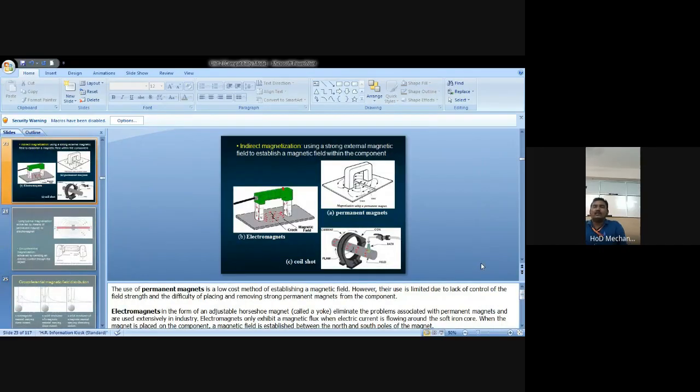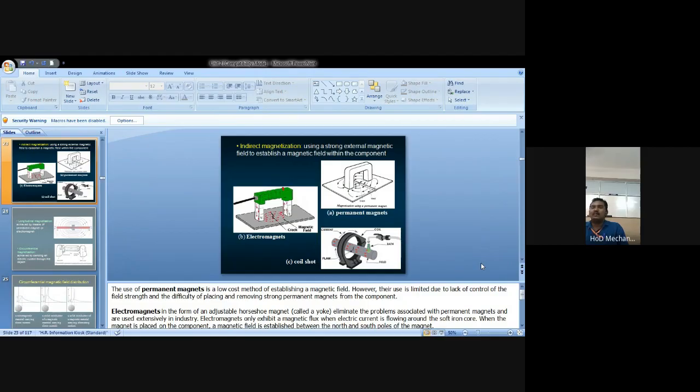The use of a permanent magnet is a low cost method of establishing the magnetic field. The picture shows the permanent magnet. There is no need of electrical current. It will induce the magnetic field where the defect is in the testing specimen.